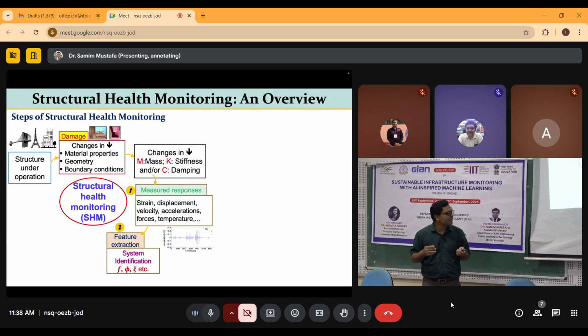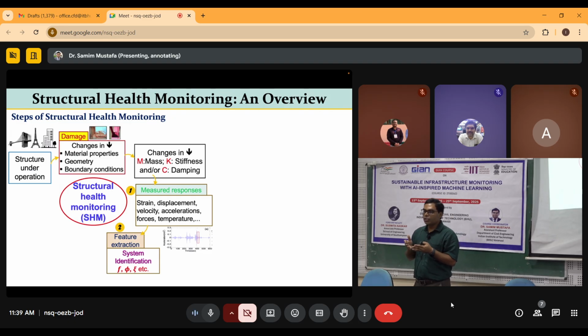Then the third step is damage characterization. What do you mean by damage characterization? Damage characterization is the process of identifying the damage in the structure. Now if you are able to identify the damage, then you also have to identify what the type of damage is, okay, whether it is fracture, whether it is corrosion, or something else.